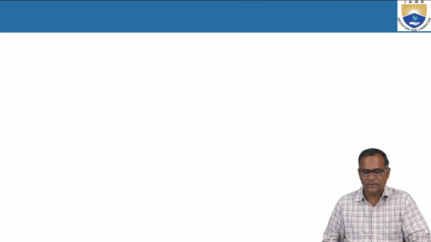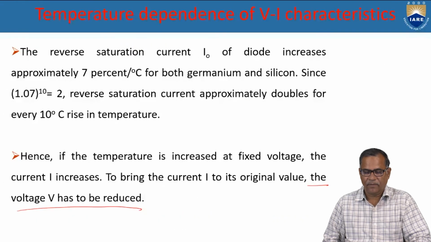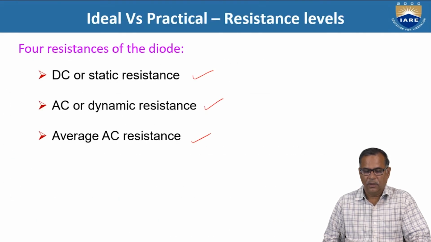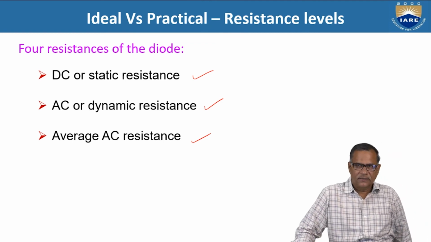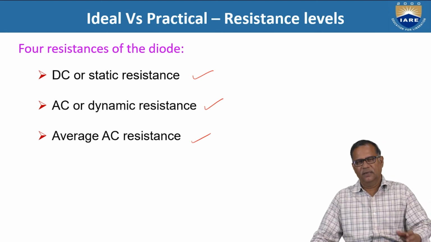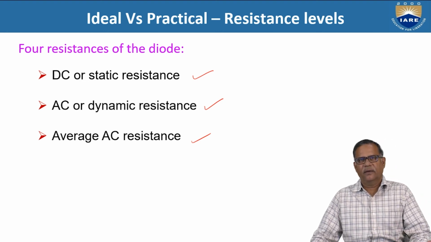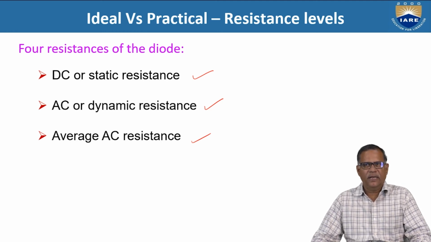Now let me summarize what I have discussed in today's class. There are three types of resistances: DC or static resistance, AC or dynamic resistance, and average AC resistance. The DC resistance is due to the fixed value of DC voltage, which results in a fixed constant current, and AC or dynamic resistance is due to small variations in the applied AC voltage.